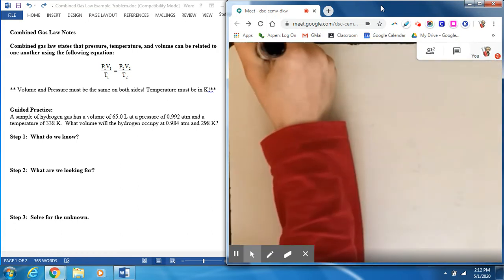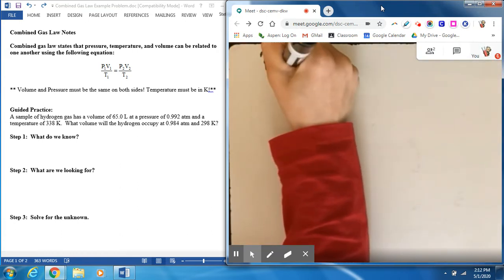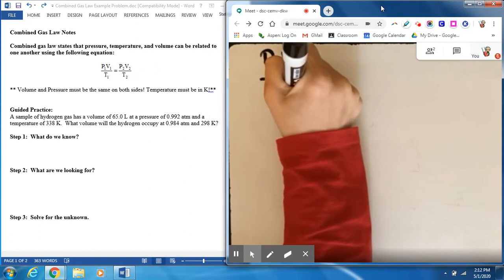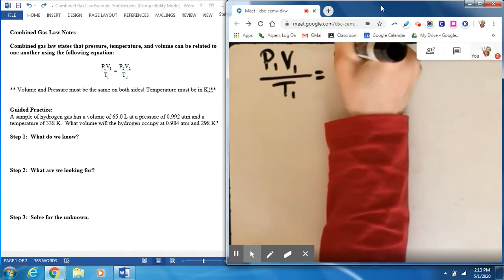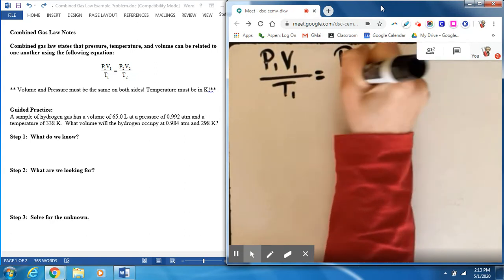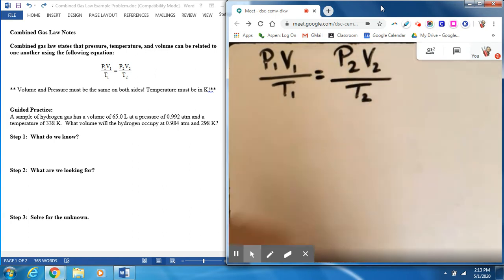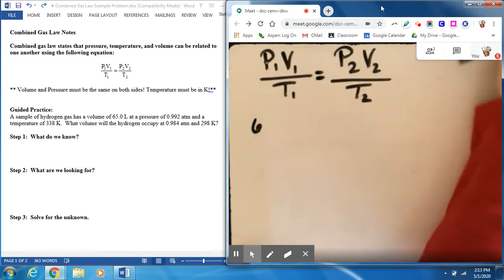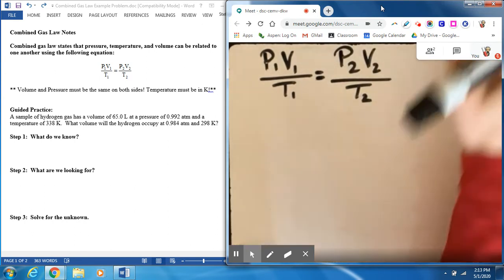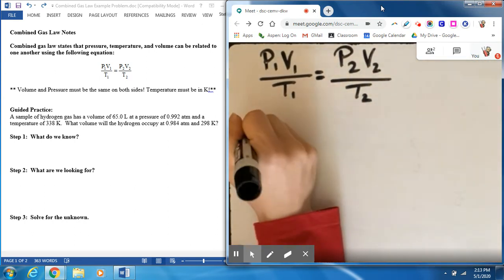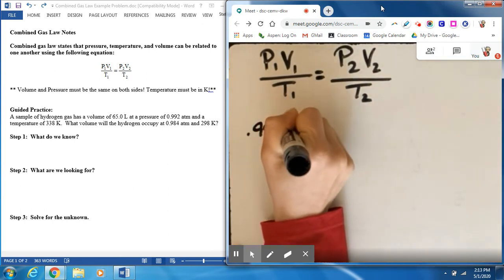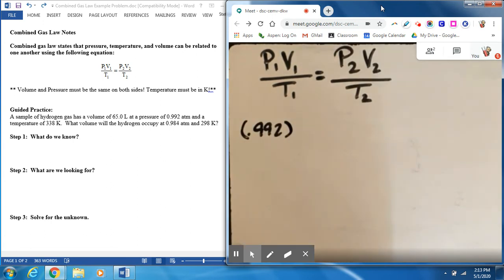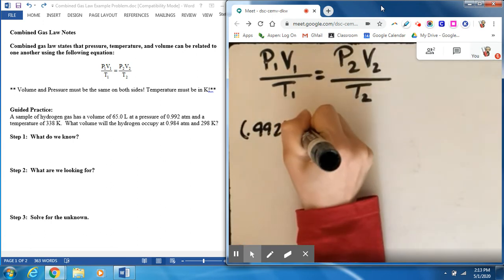So the equation says that our P1 times our V1 over our T1 is going to be equal to our P2 times our V2 over our T2. Okay? So let's start plugging in some of the things we figured out before. We figured out that our first pressure was 0.992 atm. We figured out that our first volume was 65 liters.